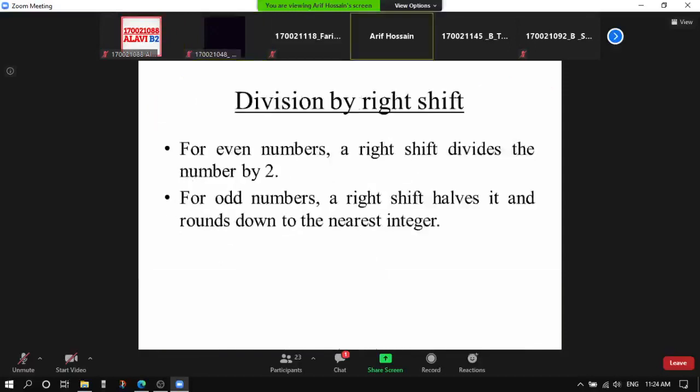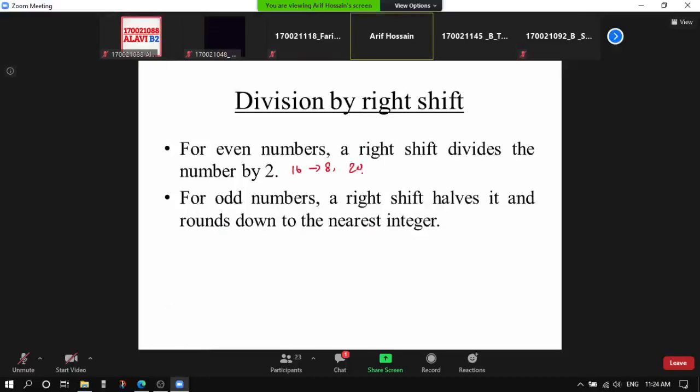Now you see, if your shift left can multiply by 2, definitely your shift right can divide it by 2, right? Yes, sir. So that is what it says. But there is a small thing. For even numbers, a right shift divides the number by 2. Say the number is 16, a right shift will make it 8.